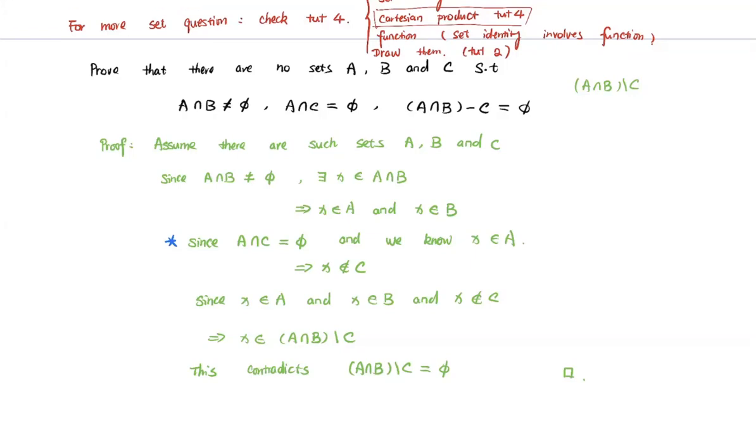I didn't say X is not in A. Where did I say X is not in A? X is in A versus X is not in A. I didn't say X is not in A.